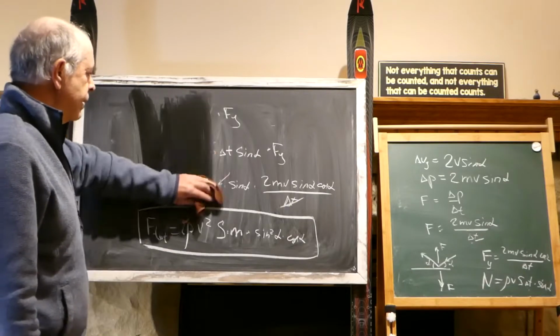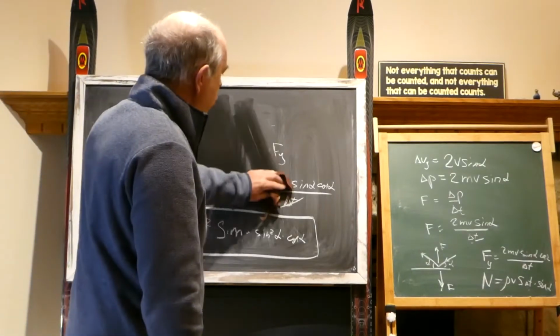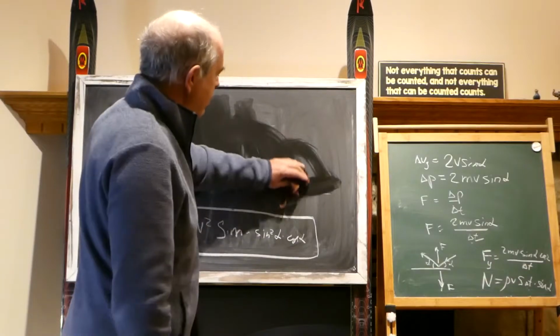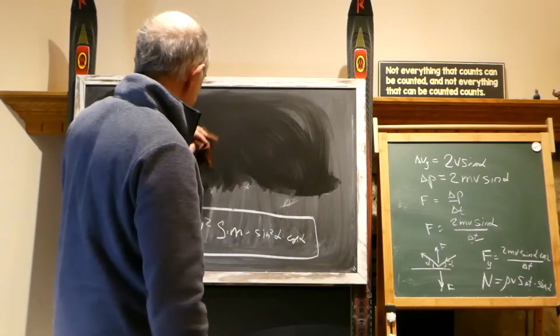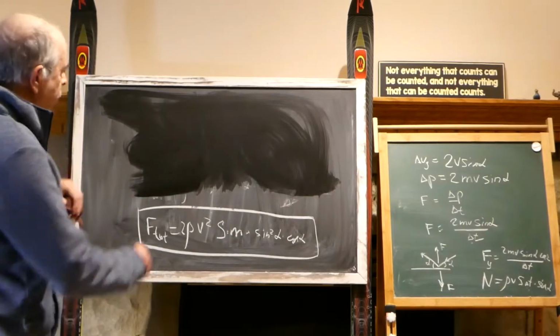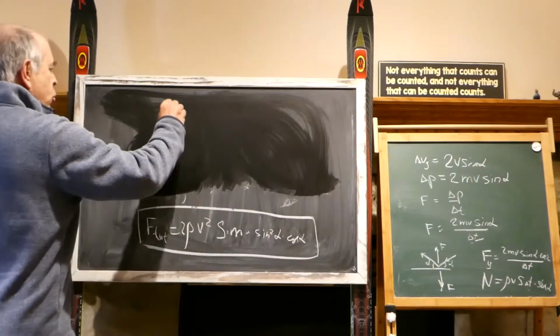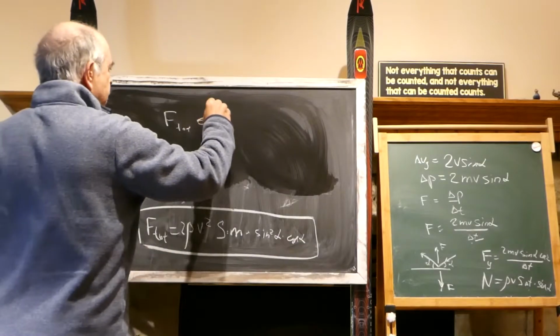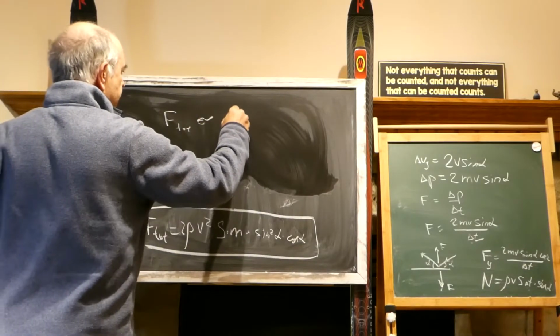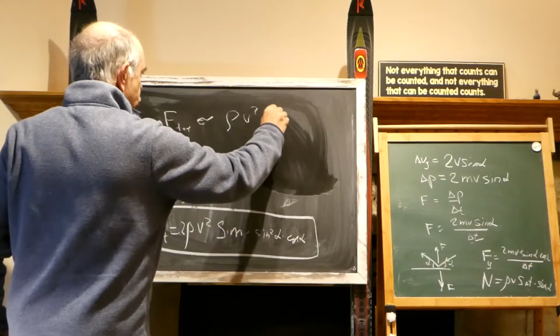And I say that in real life, of course, the collision is not elastic and there are a lot of other things. But I will still say that the total force, and this is remarkable, is proportional to rho, to v squared, to s.